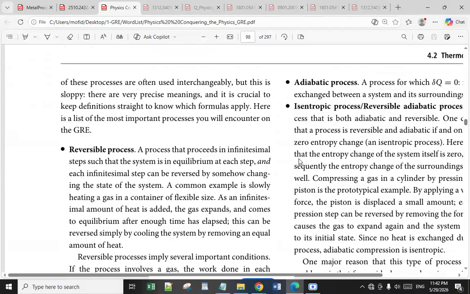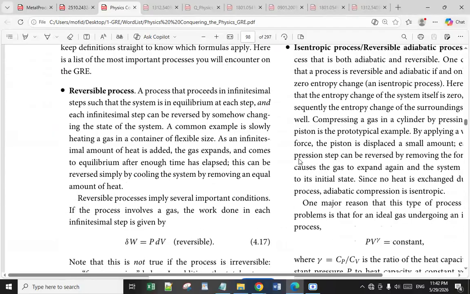The first one is the reversible process, a process that proceeds in infinitesimal steps, such that the system is in equilibrium at each step, and each infinitesimal step can be reversed by somehow changing the state of the system.